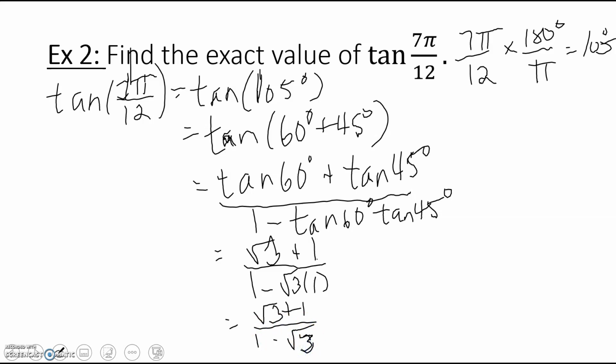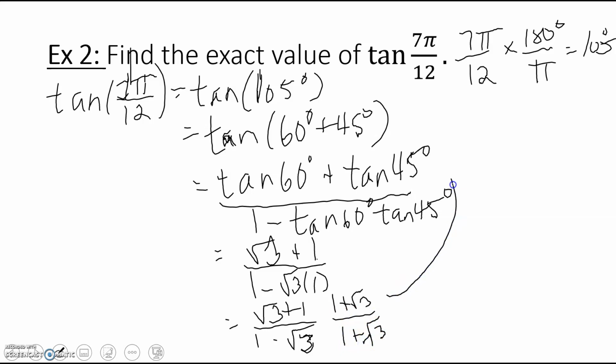Now remember, we cannot leave a square root in the denominator, so we have to rationalize that denominator. The way we're going to rationalize the denominator is to multiply top and bottom by the opposite, or the conjugate, of that denominator. So 1 plus the square root of 3.